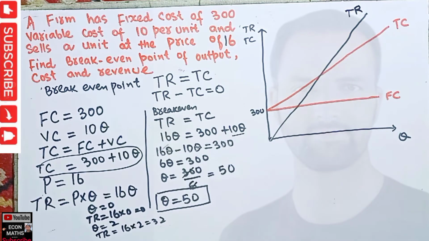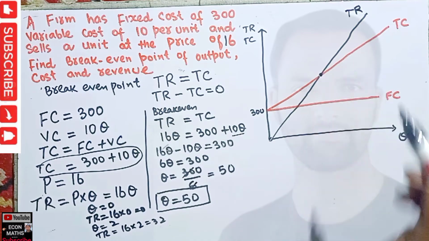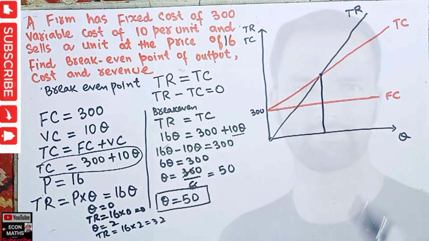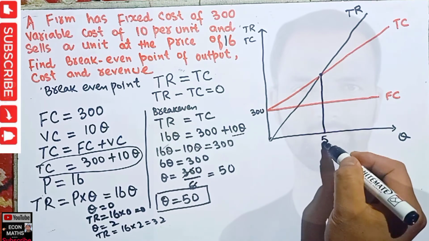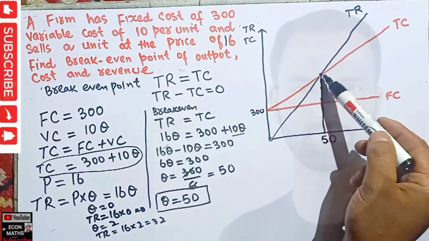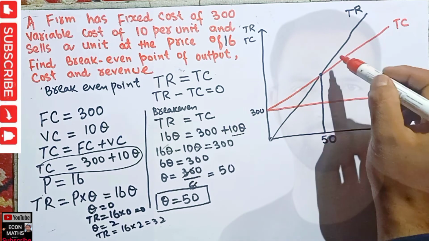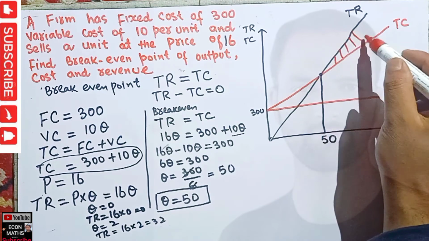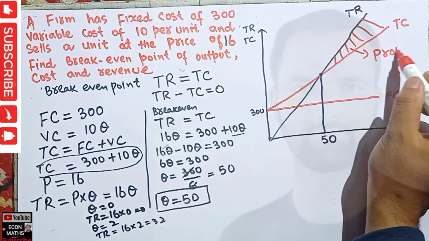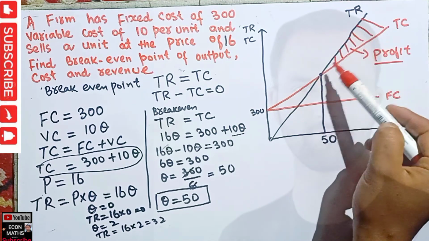Now what is the break-even point here? The break-even point is the point where our total revenue and total cost intersect. This point is our break-even point when we produce 50 units. Break-even occurs where our total revenue is exactly equal to our total cost. This portion here will be the profit, because our total revenue curve is above the total cost curve.